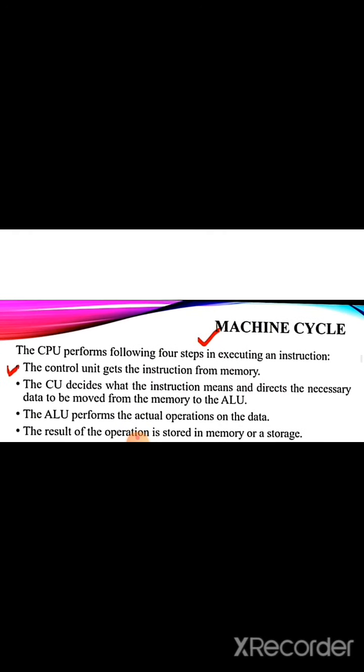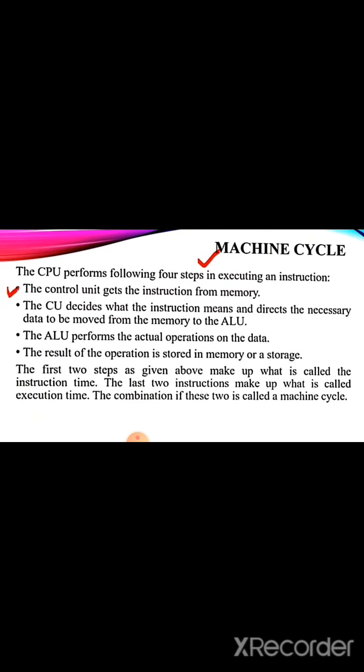Next we have the machine cycle. The CPU performs the following 4 steps in executing an instruction. The control unit gets the instruction from memory. The CPU decides what the instruction means and directs the necessary data to be moved from the memory to the ALU.